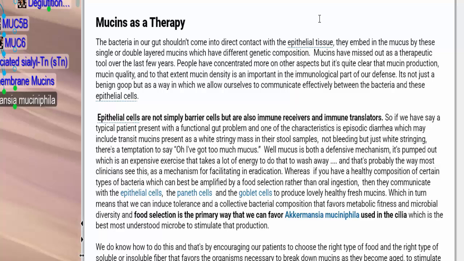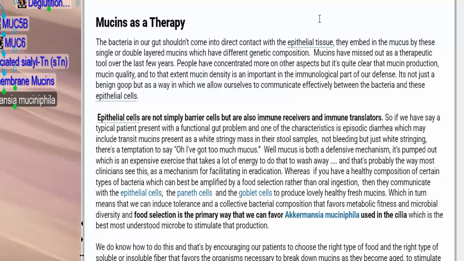Epithelial cells aren't simply barrier cells, but they're also immune receivers and immune translators. So if we have, say, a typical patient present with a functional gut problem, and one of the characteristics is episodic diarrhea, which may include transit mucins present as a white stringy mass in their stool samples, not bleeding, but just white stringing.